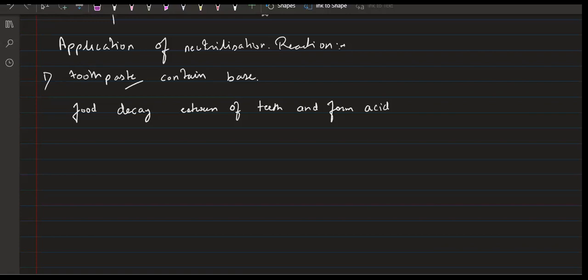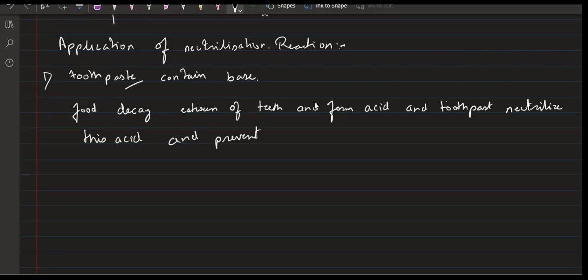So I can say that food decays between our teeth and forms acid, and toothpaste neutralizes this acid and prevents corrosion of teeth, or prevents tooth decay.